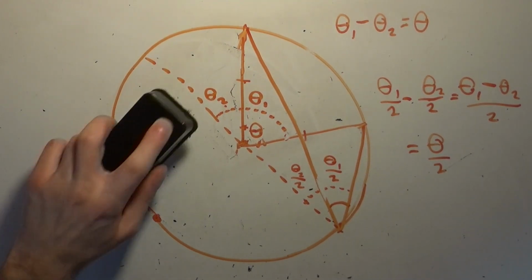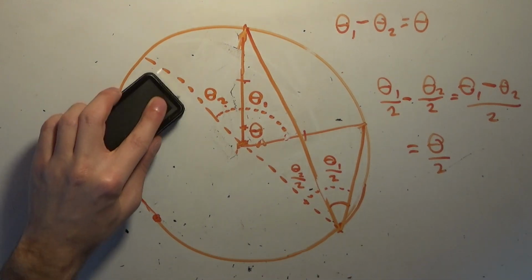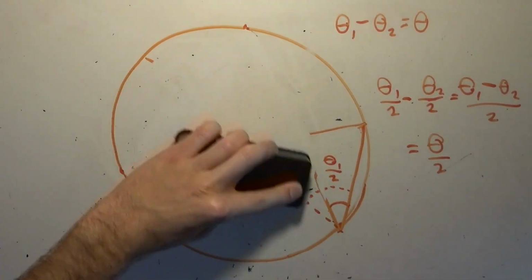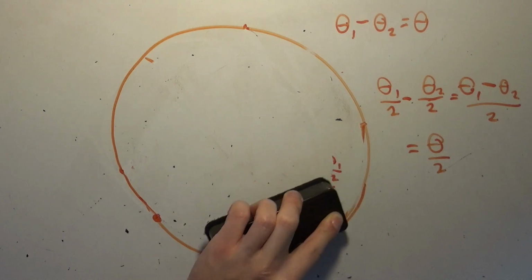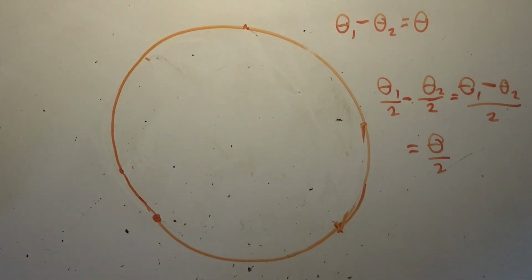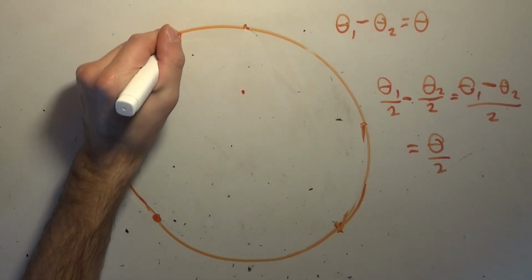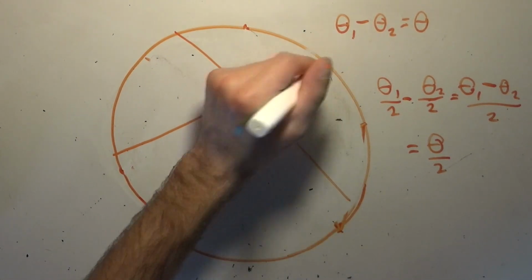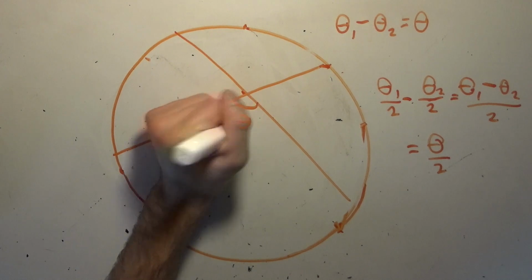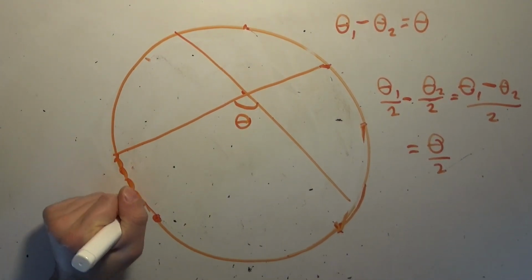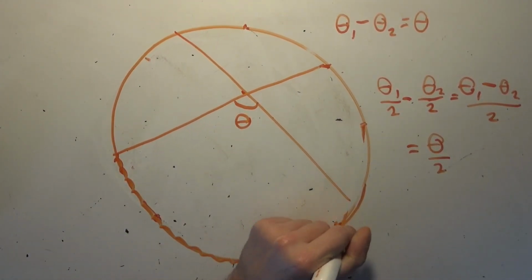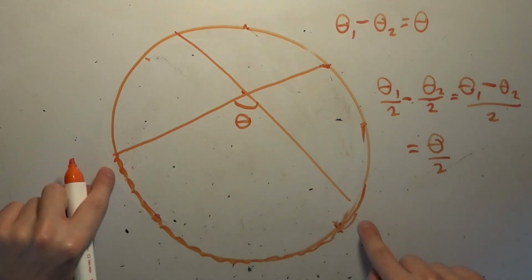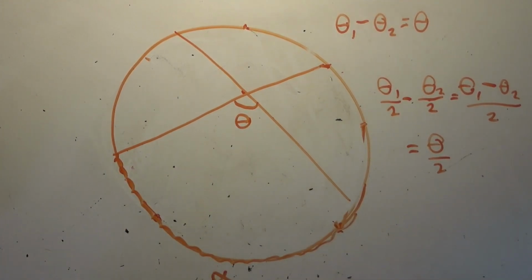I think I'll share one more thing. This fact is actually just a special case of a more general fact. And that more general fact is this: if you have two intersecting chords in a circle, then this angle theta, and we'll call this arc length, if we consider this from the center as a central angle, alpha, right?